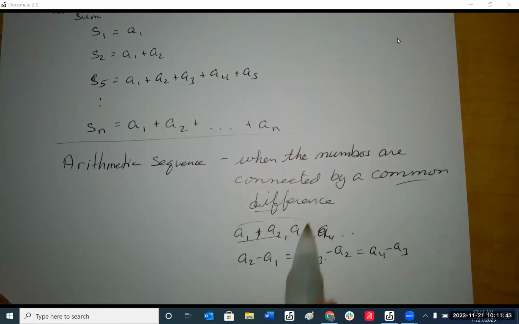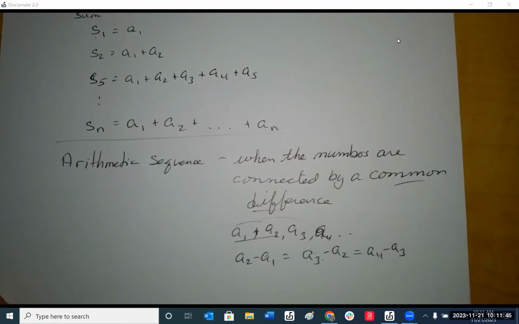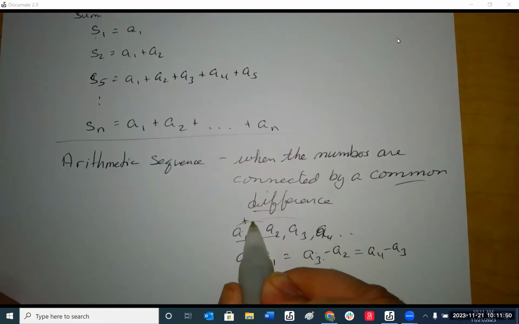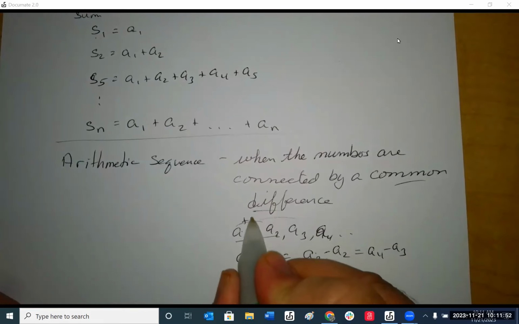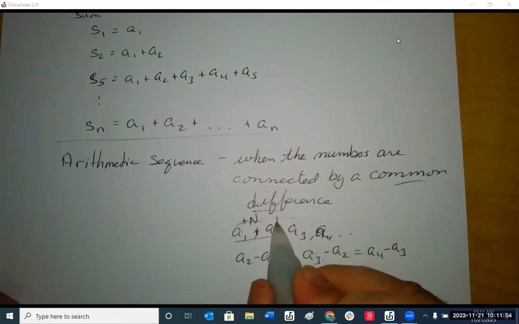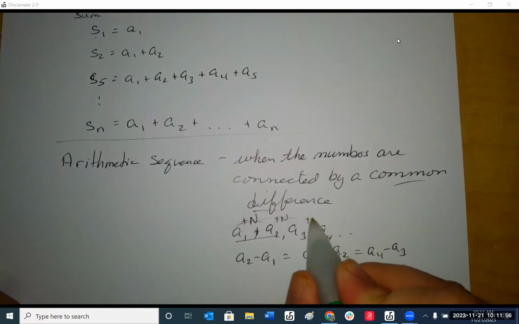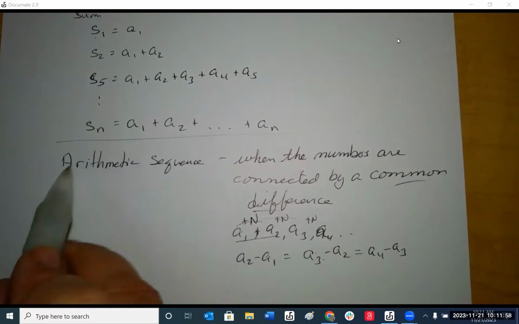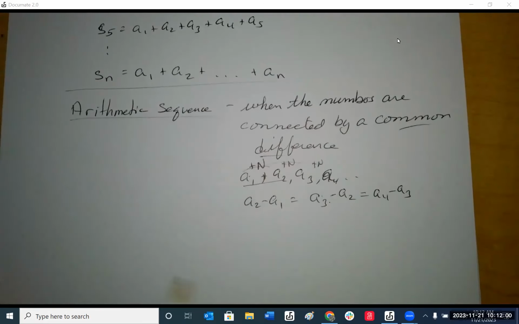So the difference between each of these is going to be the same. That means in order to go from A1 to A2, I add some number. It'll be the same number I add for all of these. That's an arithmetic sequence.